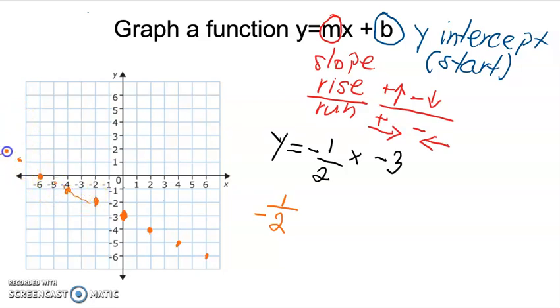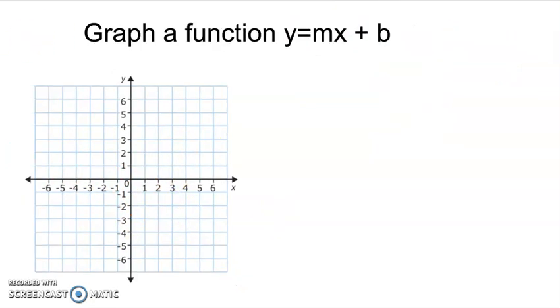All right, so let me try to connect the dots, and this is going to be our graph. Again, we start with the y-intercept, then we draw the slope and draw a line.